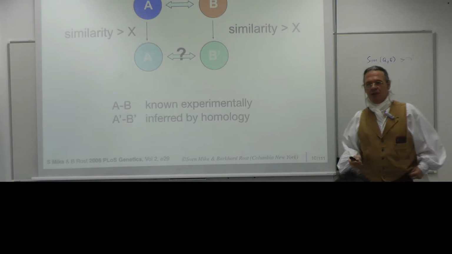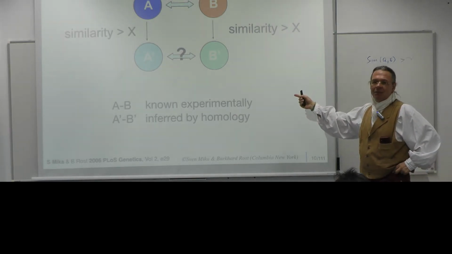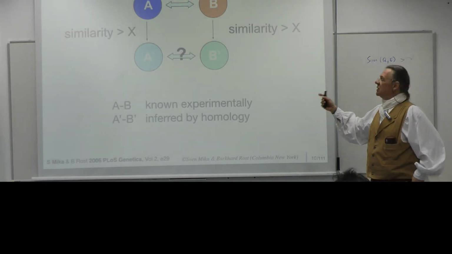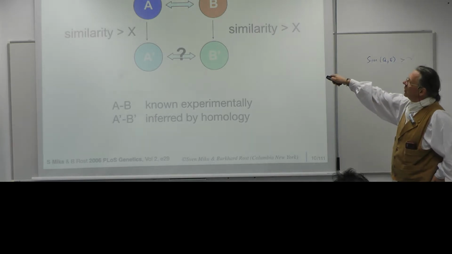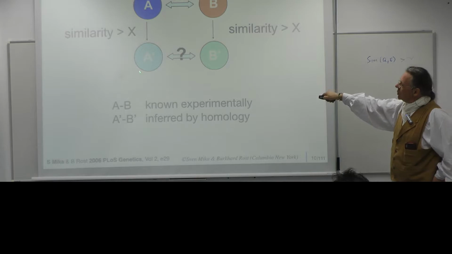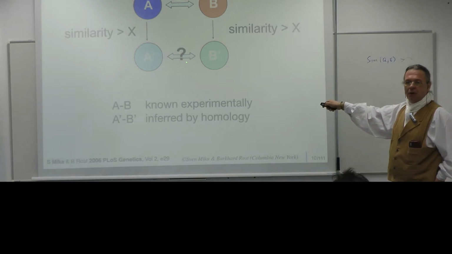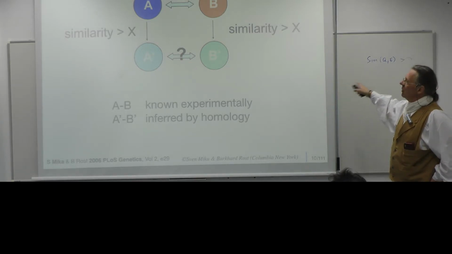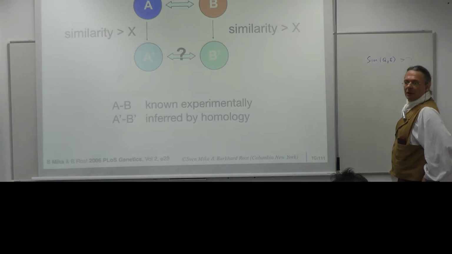And that's homology-based inference. In this story here, this gets a little bit more tricky, because we are talking about two proteins, A and B, and two proteins that are similar to those, A prime and B prime. Now here is one threshold, theta.